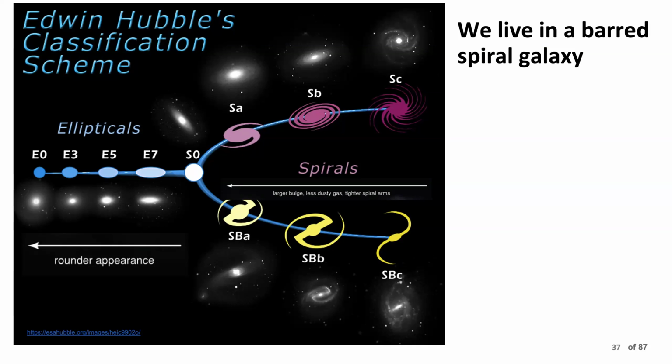So let's go on and finish our discussion of classifications of galaxies. And you see samples here. This is an organization of taxonomy of galaxies organized by Edwin Hubble during his studies of galaxies in the 1920s and 30s. He's got elliptical galaxies, and you see samples here are examples.